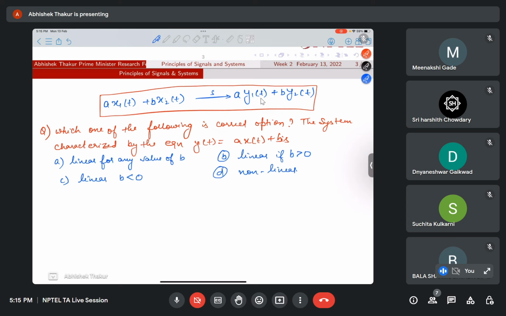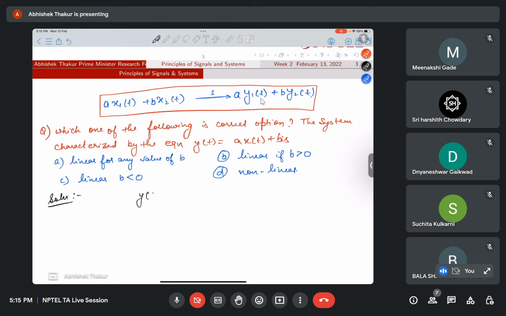In this question, it is given y(t) is equal to a x(t) plus b. Now it is asking whether the system is linear or non-linear, and if it is linear, then for what value of b. Very simple question. Can you please answer which option is correct? Or let's see how to solve such kind of question.